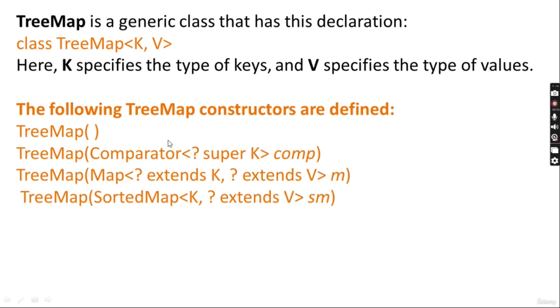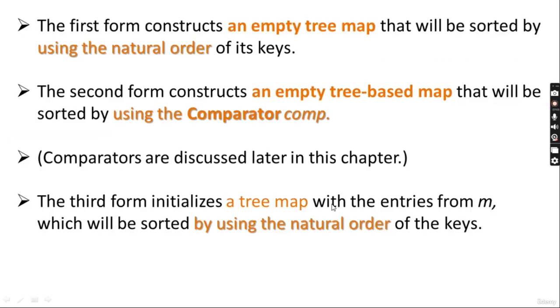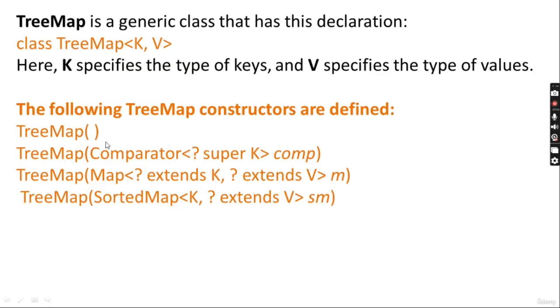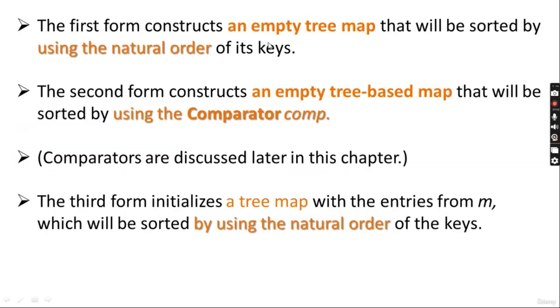type of value. So the constructors are TreeMap(), TreeMap(Comparator), TreeMap(Map<? extends K, ? extends V> m), and TreeMap(SortedMap<K, ? extends V>). The first is the default constructor, which constructs an empty TreeMap that will be sorted using the natural ordering of its keys.